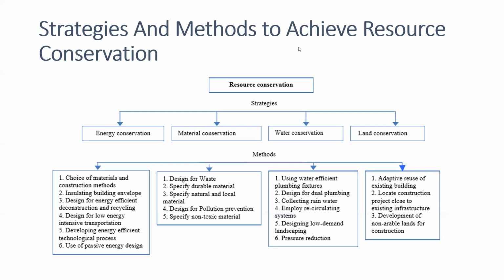In order to achieve energy conservation, we can choose materials and construction methods properly, insulating building envelope, design for energy efficient deconstruction and recycling, design for low energy intensive transportation, developing energy efficient technological process, and use of passive energy design. We'll discuss what this passive energy is in the upcoming slides.